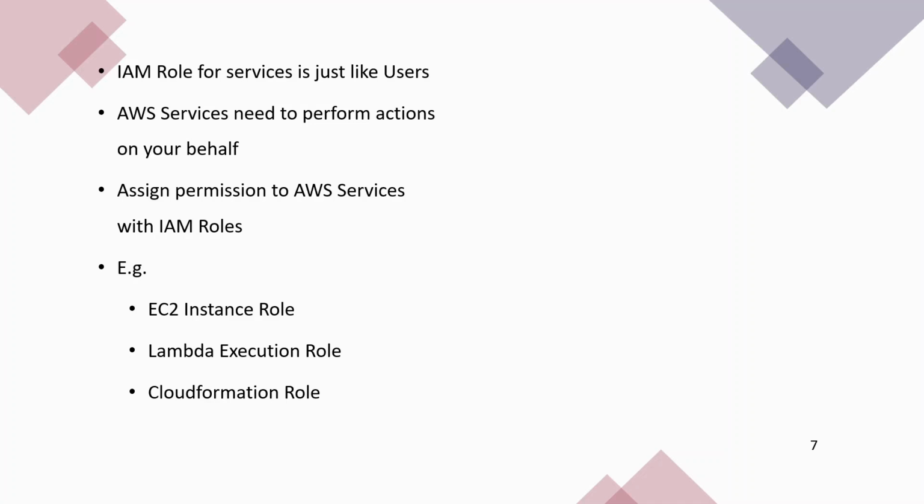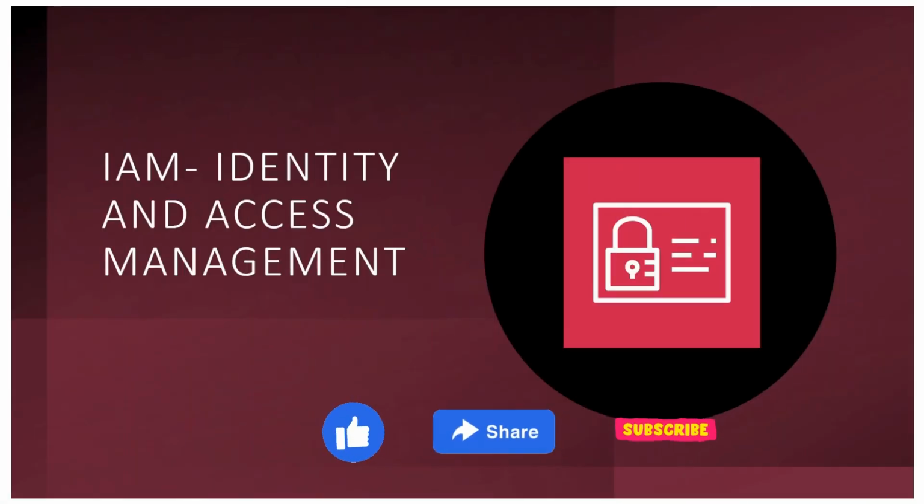So suppose for AWS Lambda, we can give a Lambda execution role for a Lambda function to create an S3 bucket, or to perform something when an object or a file is added in an S3 bucket. Assign permissions to AWS services with IAM roles. For example, EC2 instance role, Lambda execution role, or CloudFormation role, and there are many more roles we can create according to our needs.